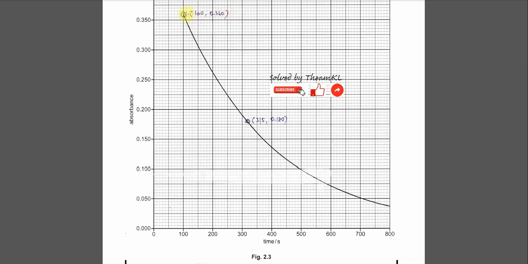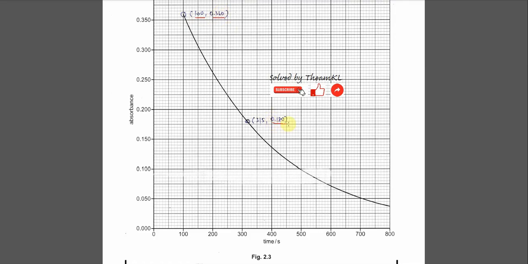So we need to find the coordinates at which the absorbance is reduced by half. The absorbance at 100 seconds is 0.36, and half of this value is 0.18.